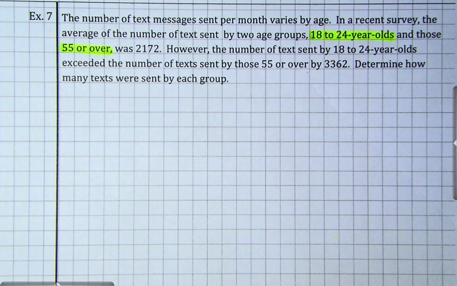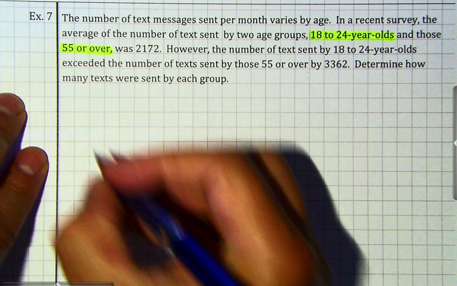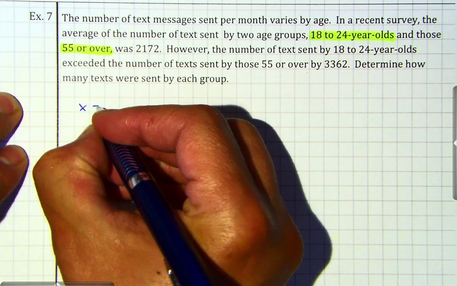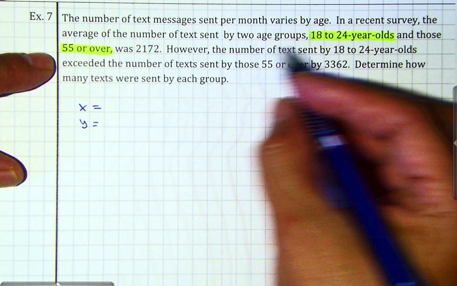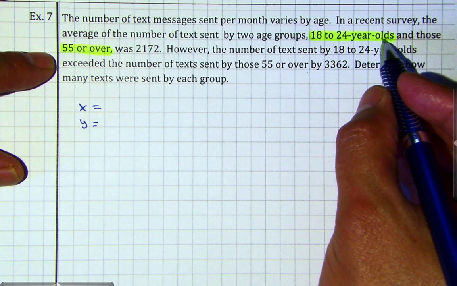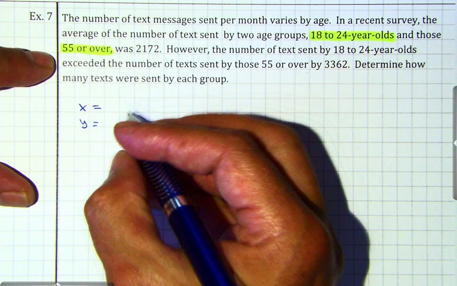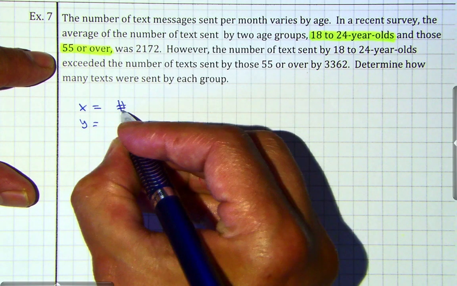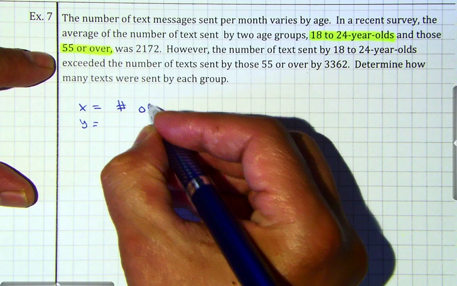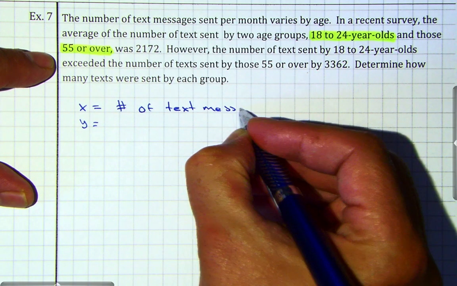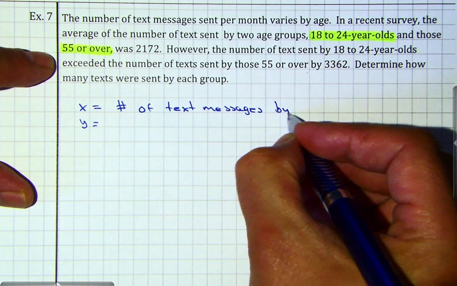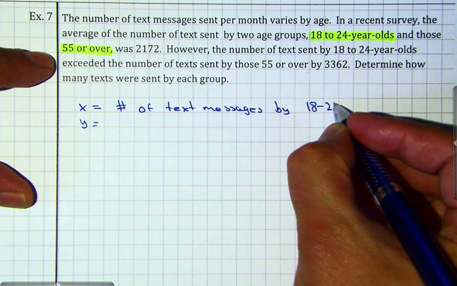So let's go set up your x variable and your y variable. So your x is 18 to 24-year-old, and that's the number of text messages. So number of texts by 18 to 24.